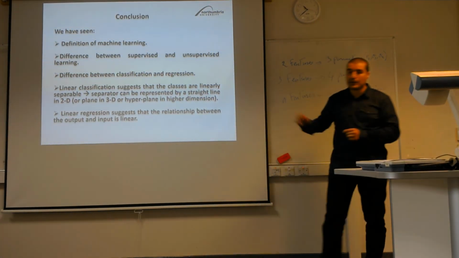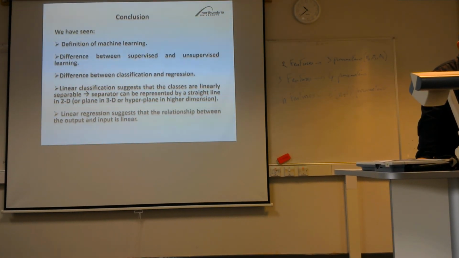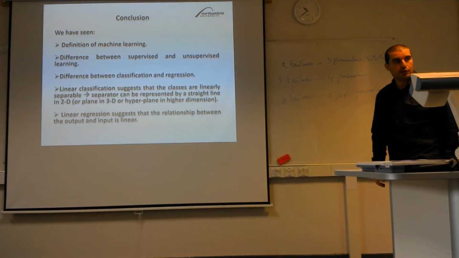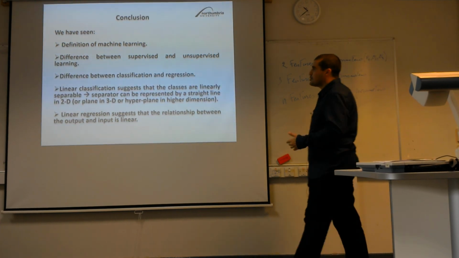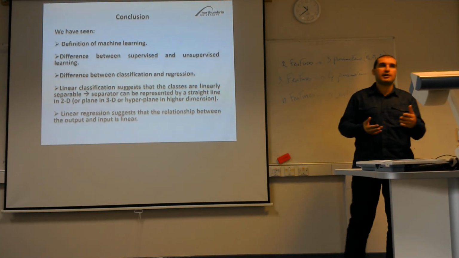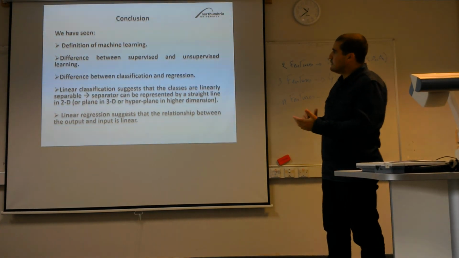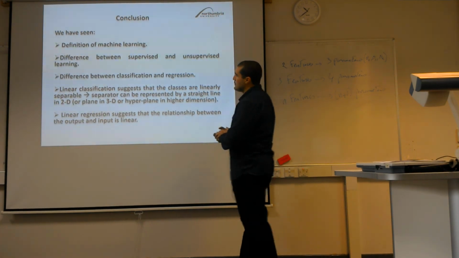To recap what we've seen today, we've seen a definition of machine learning, what we mean by machine learning, different types of machine learning: supervised, unsupervised, classification, regression, linear classification, non-linear classification.